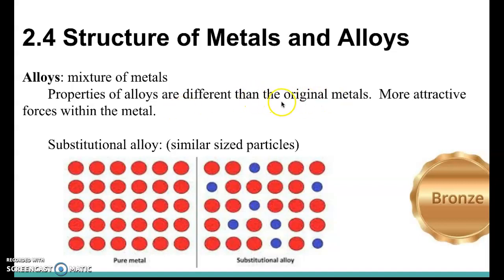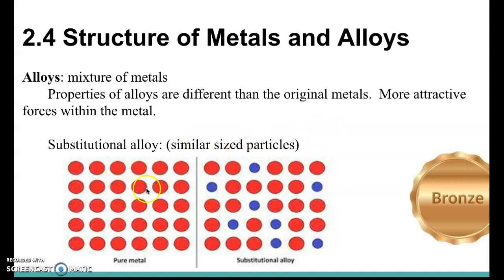When you mix different metals in, there are more attractive forces within the metal, so they tend to become a little bit more rigid, a little bit harder. Okay, so there are two types of alloys that you want to know about. The first one is the substitutional alloy. With a substitutional alloy, you're mixing together similar sized particles.